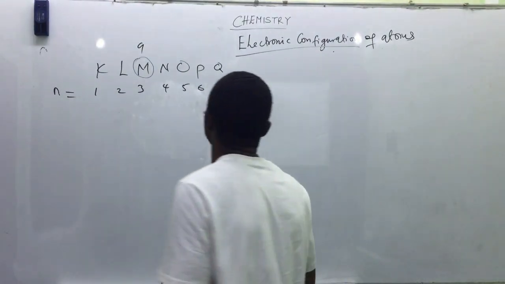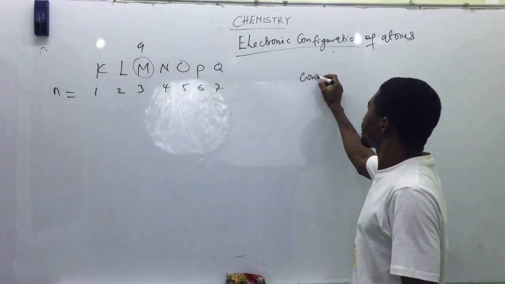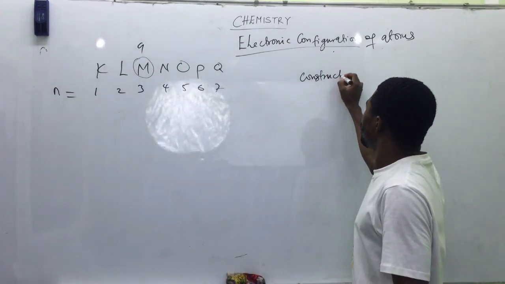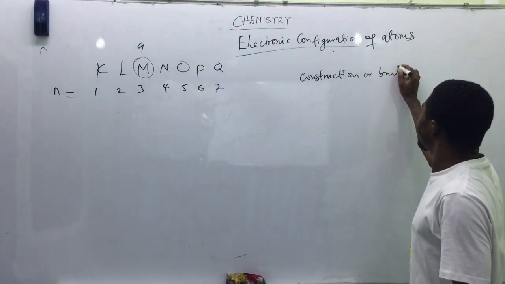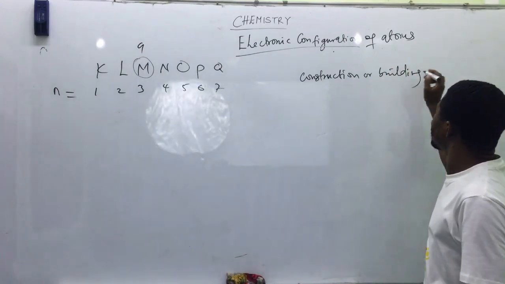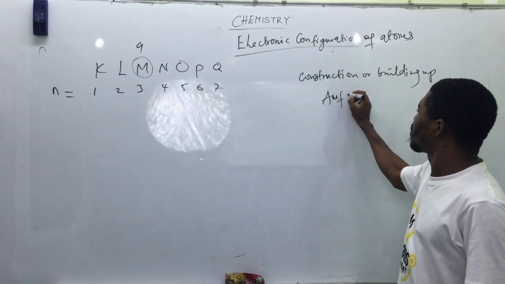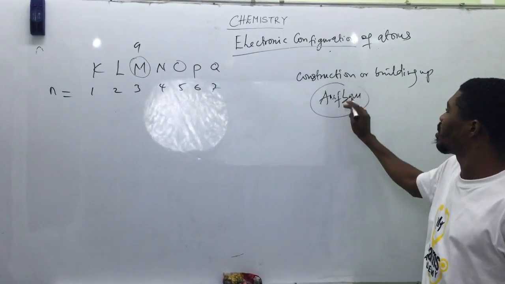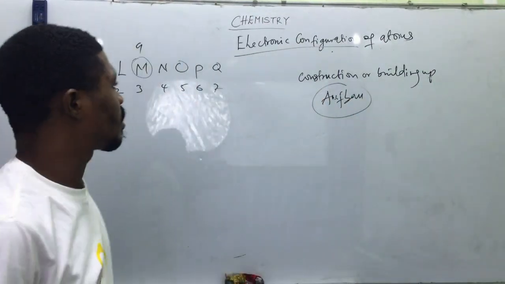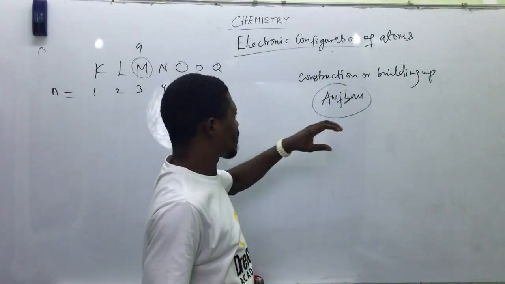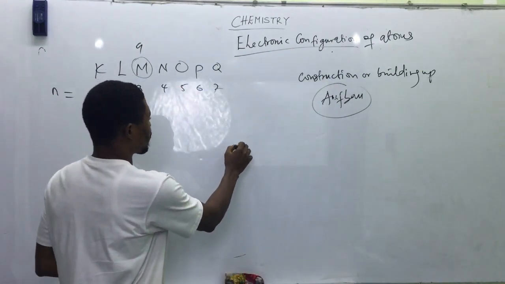One is what we call the construction principle or the building up principle, which we normally see as the Aufbau principle. It's a German word. So there is a principle, and this principle is based on the n plus l value.